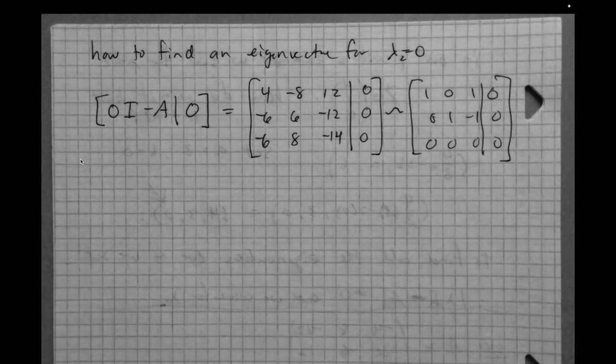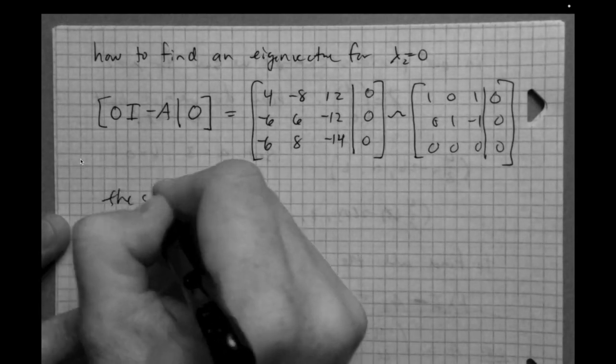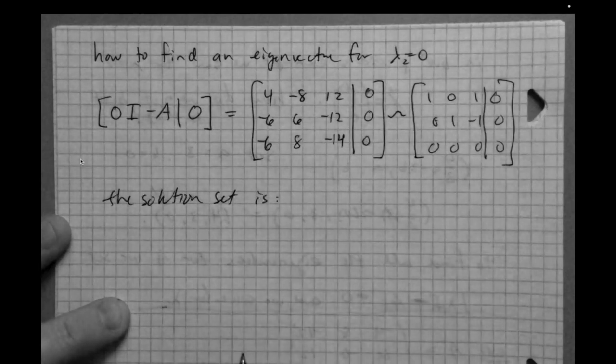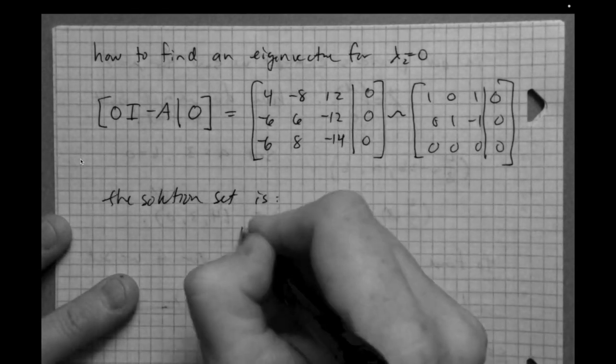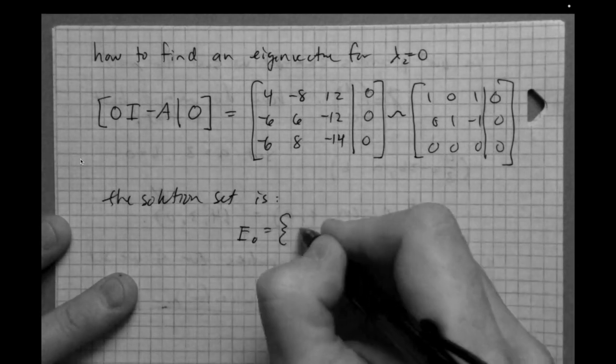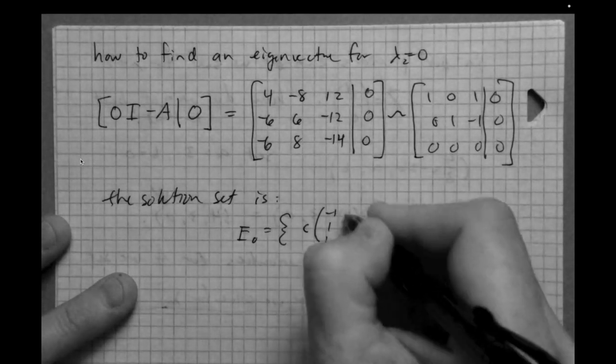And you can extract from this what the eigenvector must be, or the form of the eigenvector. Right, and so the solution set here is going to be the eigenspace for 0. Turns out it's going to be C times the vector negative 1, 1, 1.